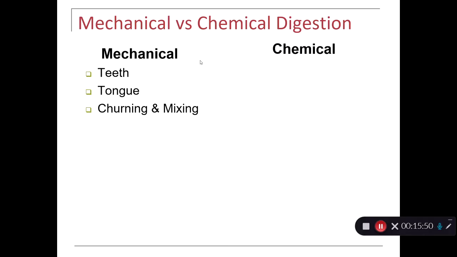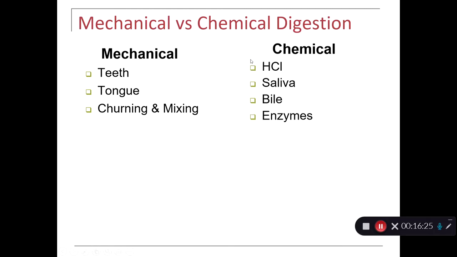So some examples of mechanical digestion would be your teeth, which obviously you're chewing or masticating. That's a fancy word that you do need to know eventually. Your tongue, which can manipulate food and put it onto your teeth and swirl it around, as well as when we get down into your intestines, your stomach, you got the churning and mixing. It helps if you got chemicals, you got to get those chemicals mixed in really well, or you're not going to be able to digest and absorb as much as you can actually do.